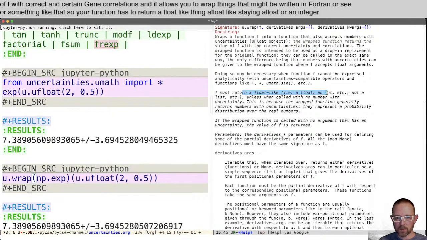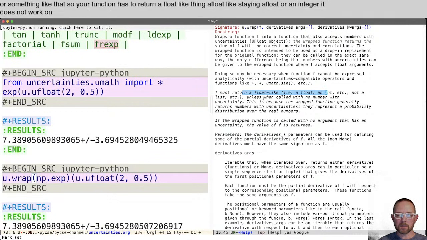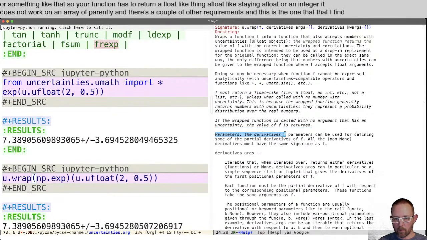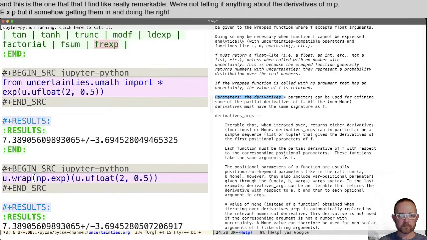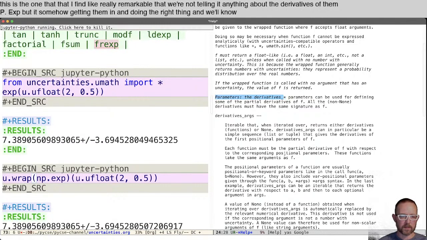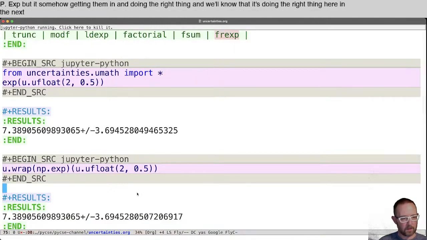It does not work on an array apparently, and there are a couple of other requirements. This is the one that I find really remarkable: we're not telling it anything about the derivatives of np.exp, but it's somehow getting them and doing the right thing. We'll know that it's doing the right thing in the next example.